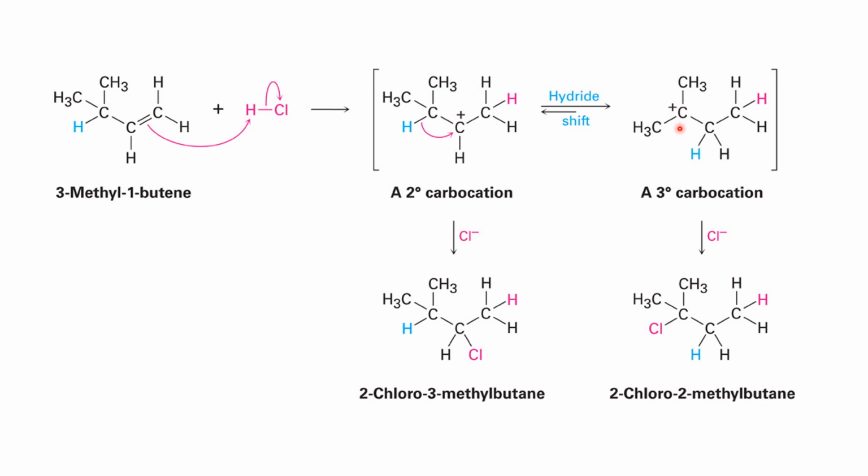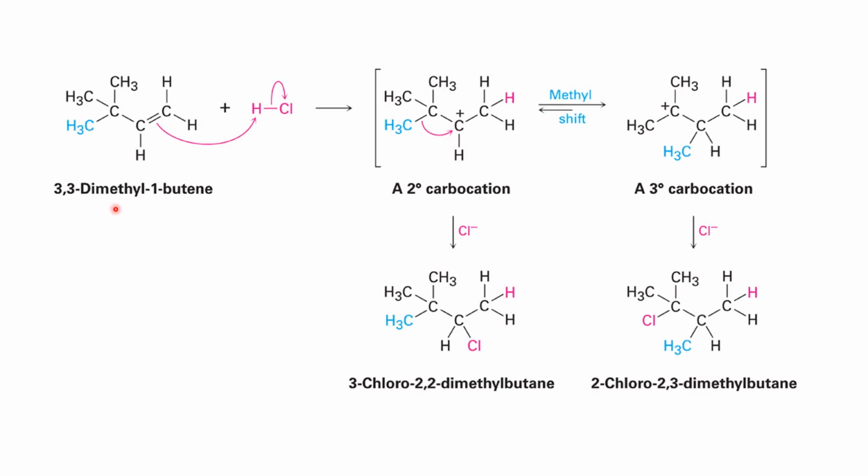The motivation is that this secondary carbocation can move to the more stabilized tertiary carbocation, and this carbocation can be formed by equilibrium here. Then it generated the product. So this is the evidence that carbocation is really the intermediate of addition reaction in alkene.